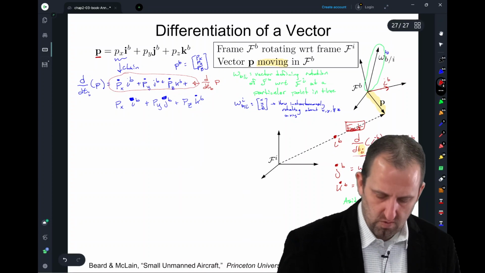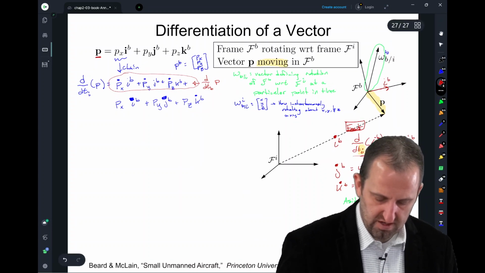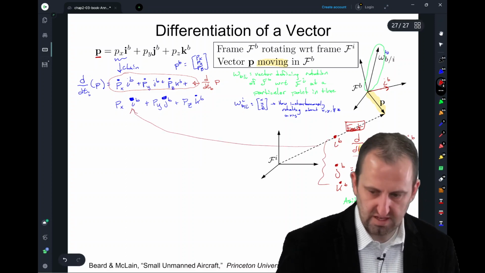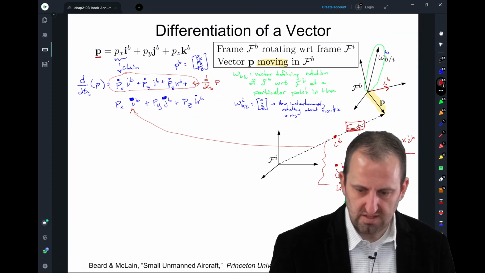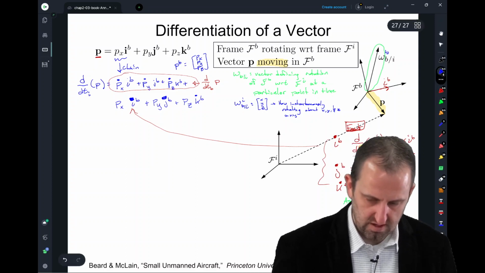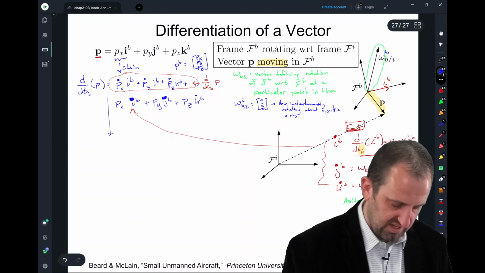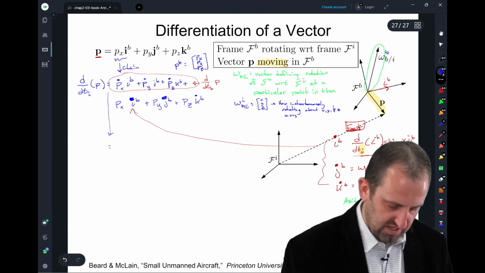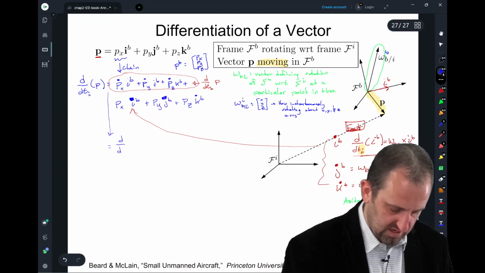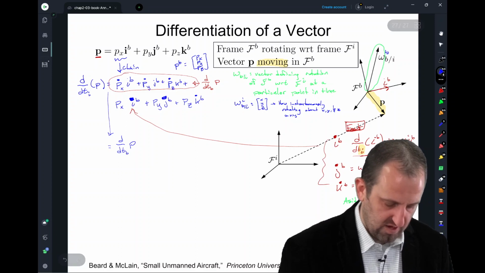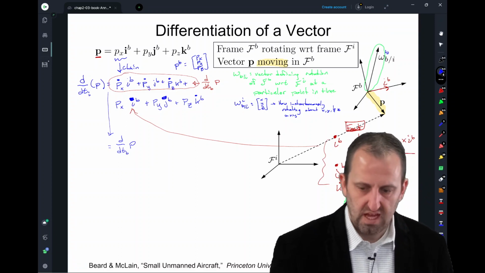We have these relationships that we've already defined, so we can start to plug in these relationships for these components. If we keep writing this down, I'm going to say that this is equal to, and I'm just going to substitute in our relationship, d/dt in the B frame of P. So that's that whole red circle.